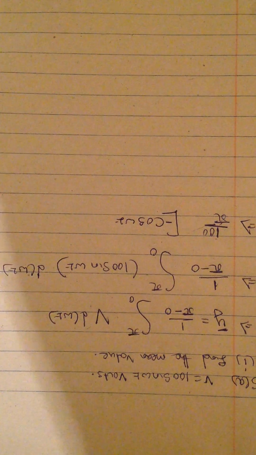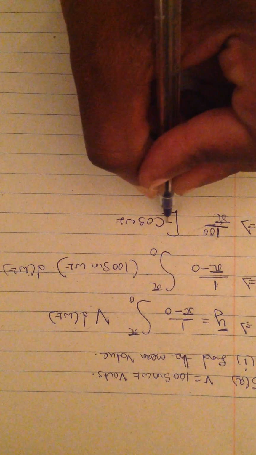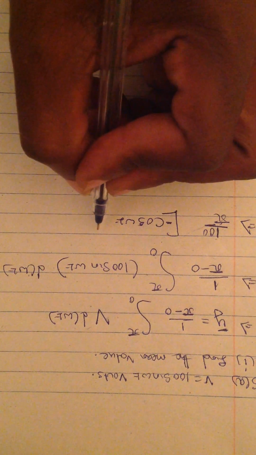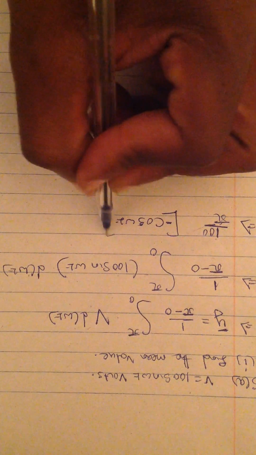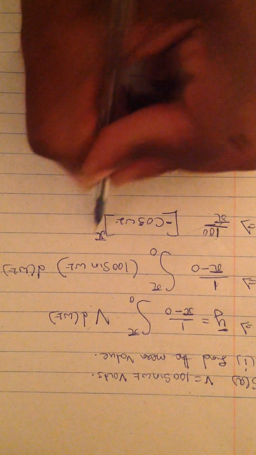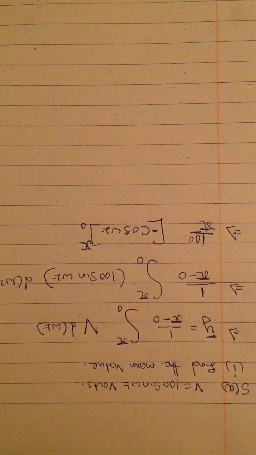So it will be negative cos omega t. Once you have the cos omega t, you close it, then you put in the limits here. This is how we solve an equation being given the value.